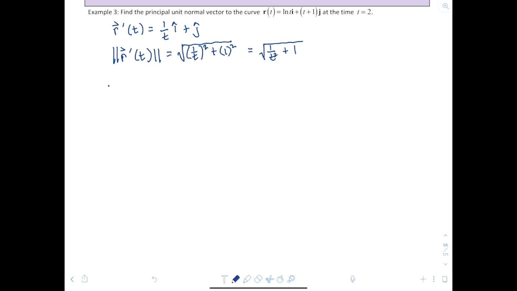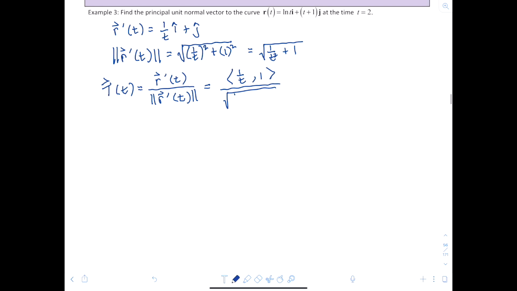So that gives us that T of t is equal to, remember, r prime of t over the magnitude of r prime of t. So that's going to equal 1 over t, 1 in component form, over the square root of 1 over t squared plus 1.